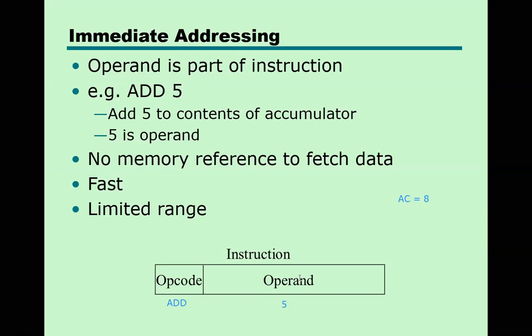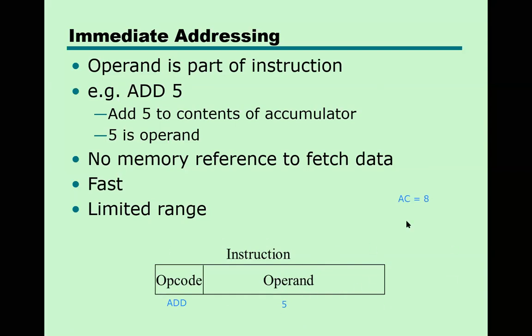So here we do not need to provide a memory reference to fetch data because the data is already there. The memory reference is not required here. The value is directly given. And if you are using this addressing mode, that is immediate addressing mode, you do not need to map with the memory, the value is directly given in the instruction.